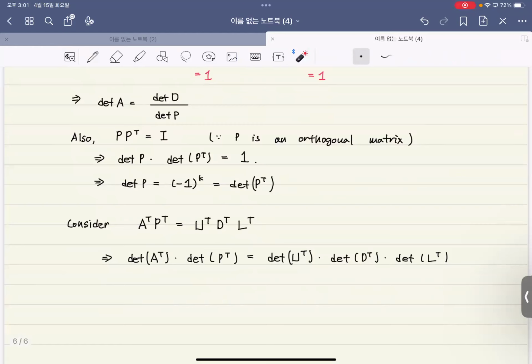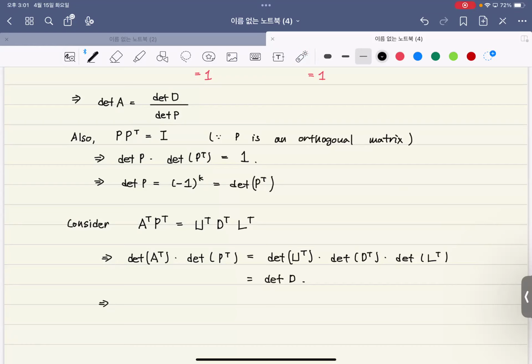By the same reason, the determinants of the triangular factors must be 1. And the transposition of a diagonal matrix is unchanged, so this is simply the determinant of D.